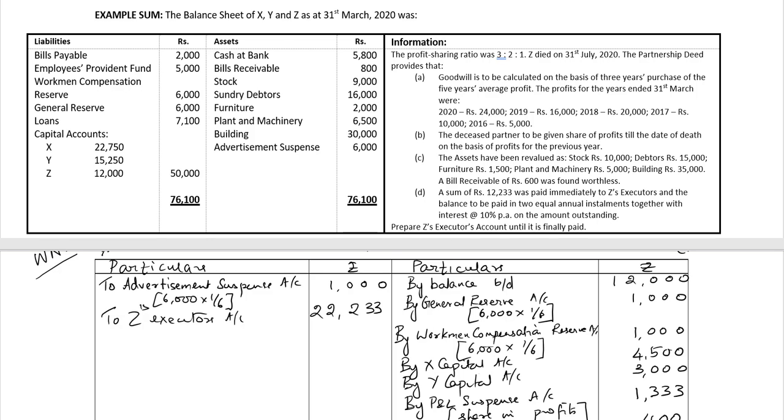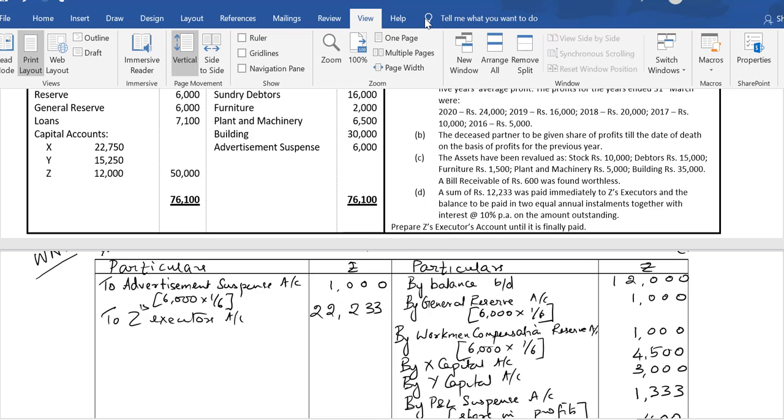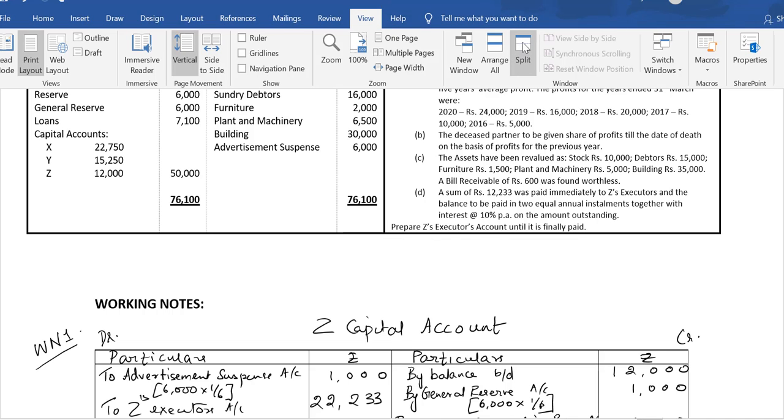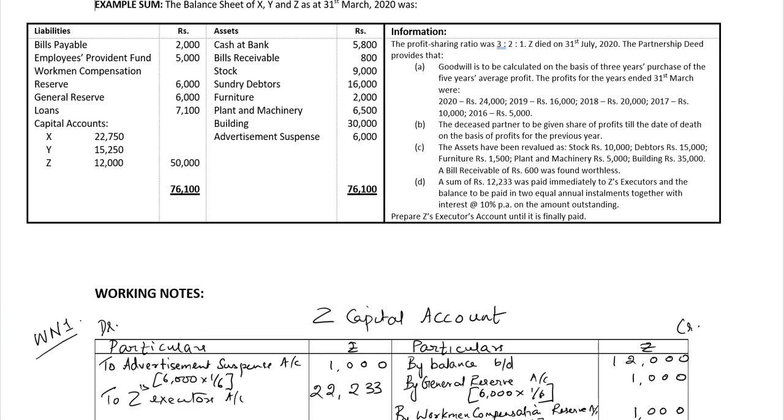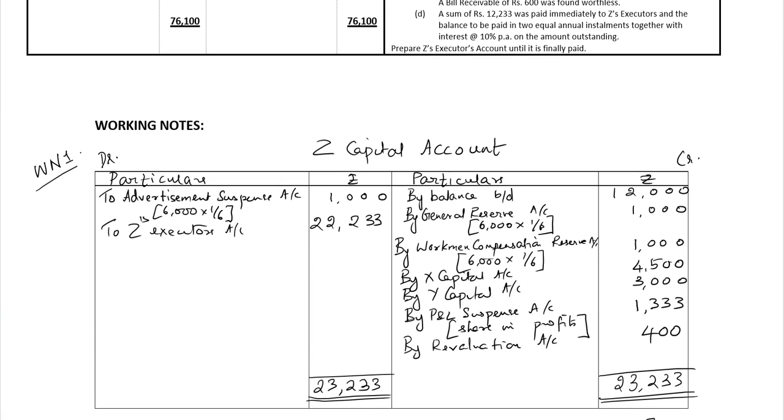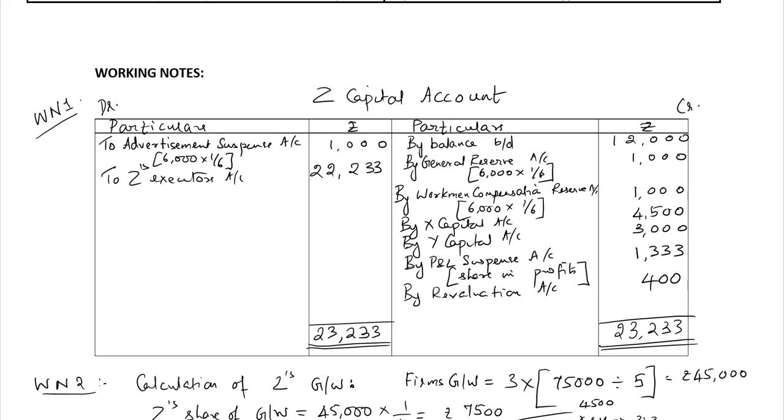So the working notes are done. We'll have a look at the working notes in full before we continue with Z's executor's loan account. So the first working note was preparation of Z's capital account.